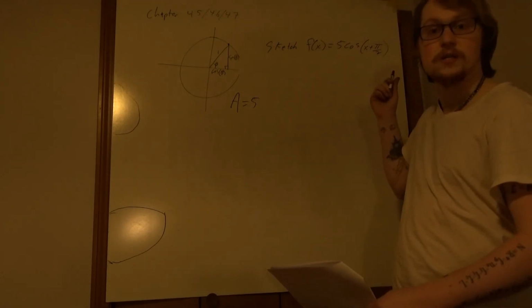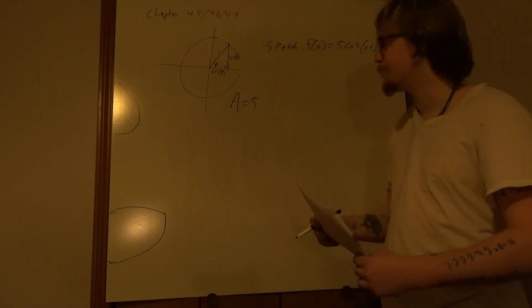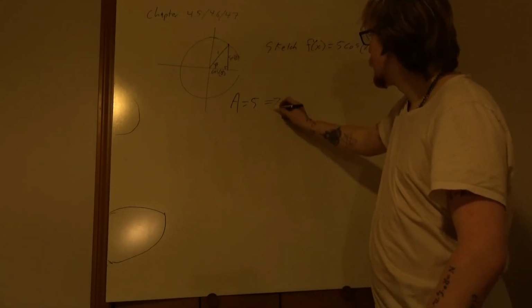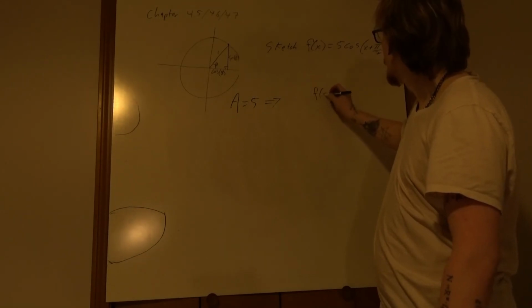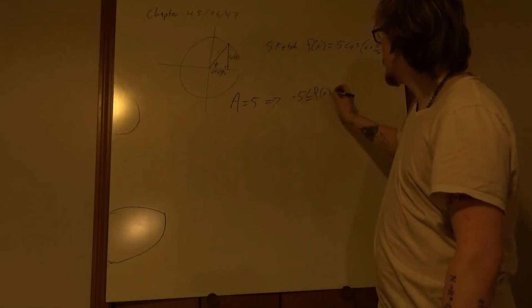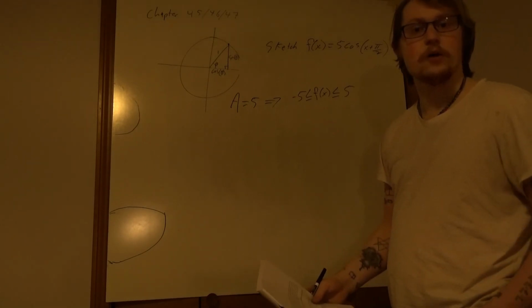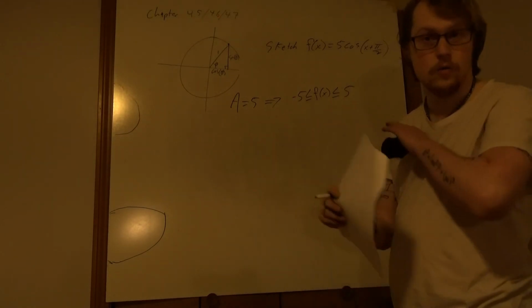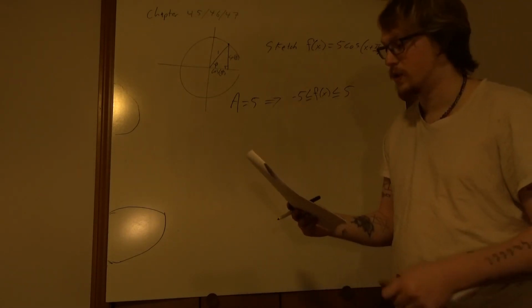In this case, since it's just adding 0, there is no shift up or down. But this means I now know that f of x is going to be between -5 and 5, which is hugely valuable for us to sketch it, because now we know we don't have to look anywhere else, and if we do wind up going anywhere else, then we've made a mistake.